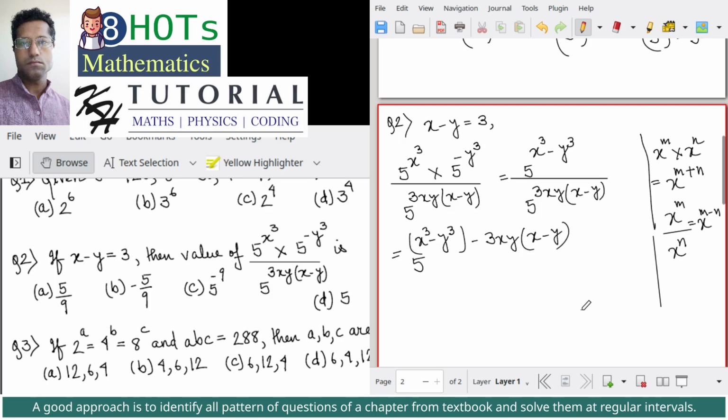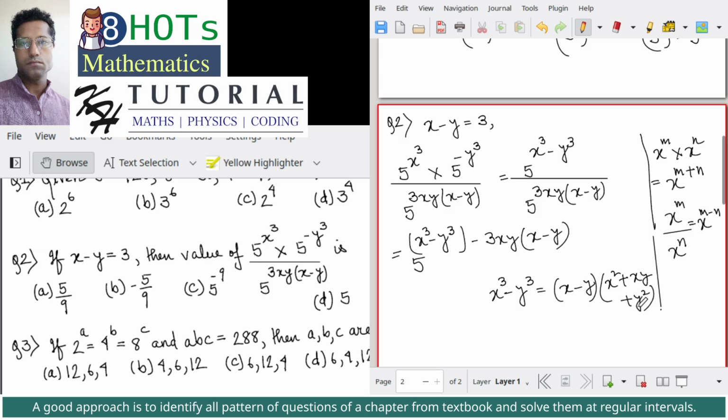Now you must be familiar with algebraic expressions and identities. I think you know the algebraic identity that x cube minus y cube is equal to x minus y multiplied by x square plus xy plus y square.